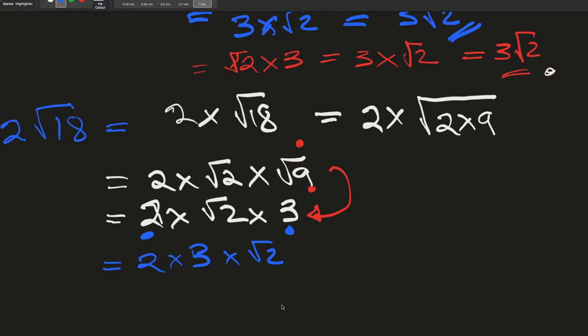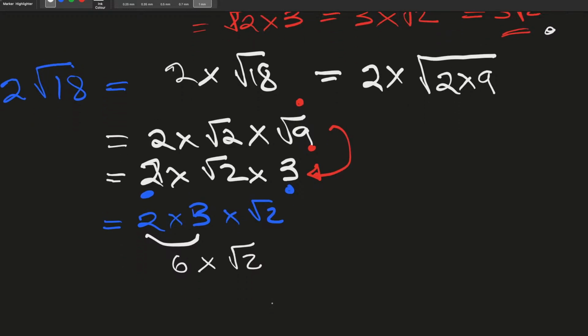Now let's see what we get. 2 times 3 will give us 6, multiplying root 2. Then our final answer is 6 root 2. You see? So what did we do?